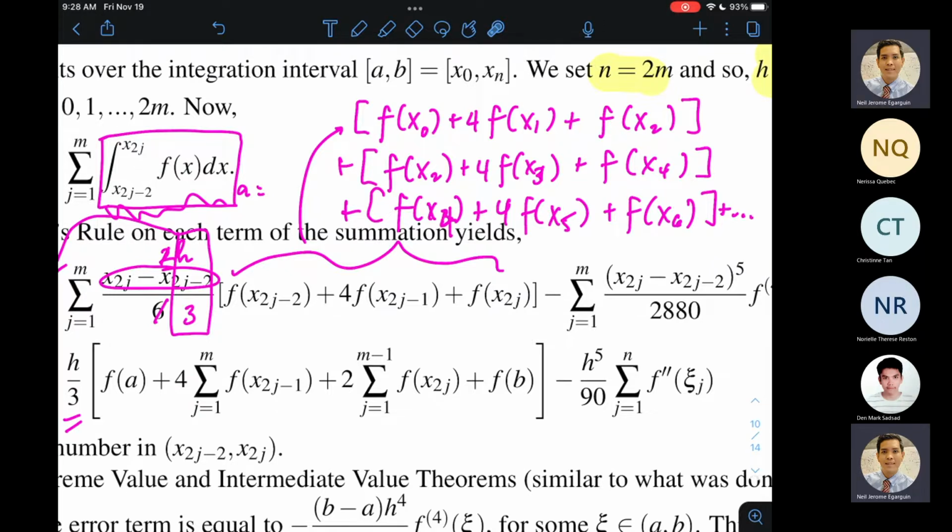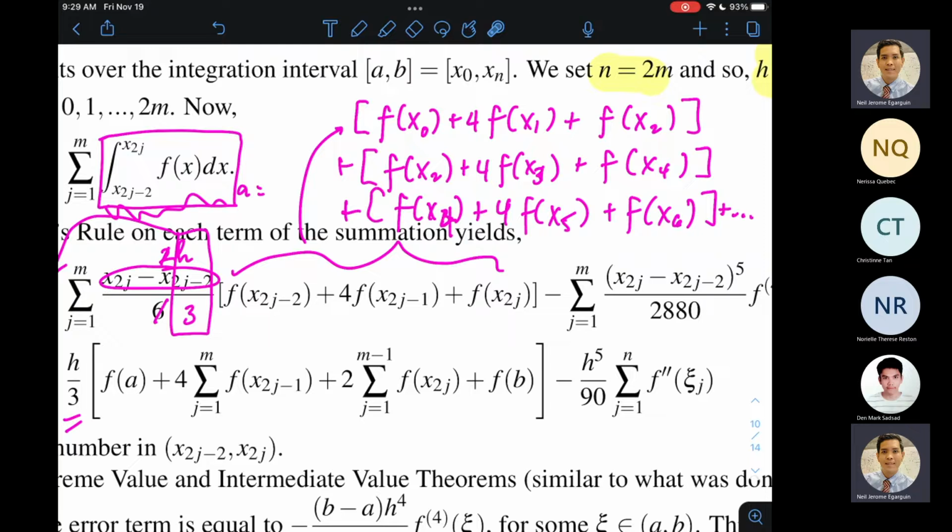Now, dun naman sa mga even subscripts, except f of a and f of b. Kasi si f of b, siya lang yung nandito sa dulo. F of x sub 2m siya. So, hindi siya mauulit. So, meron ka lang plus f of b dun sa dulo. Now, for all other intermediate x's with an even subscript, like f of x2, naulit siya dito, f of x2.